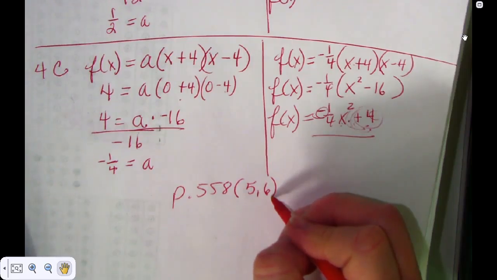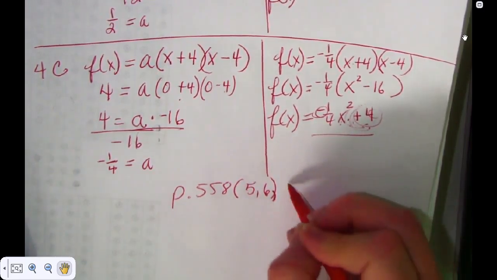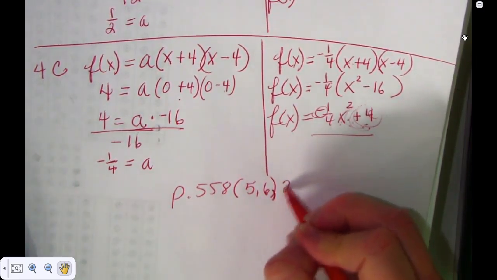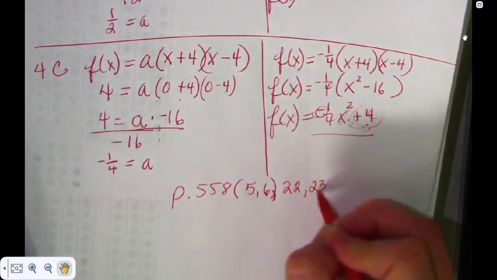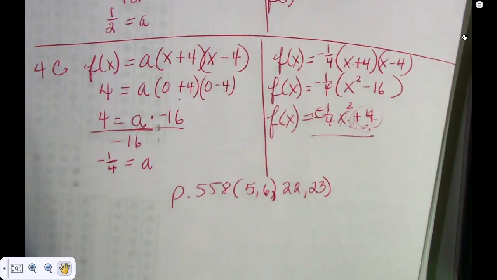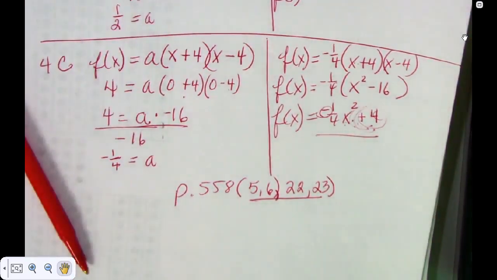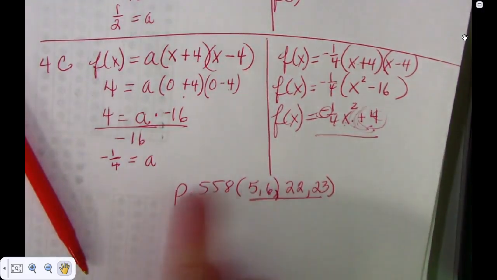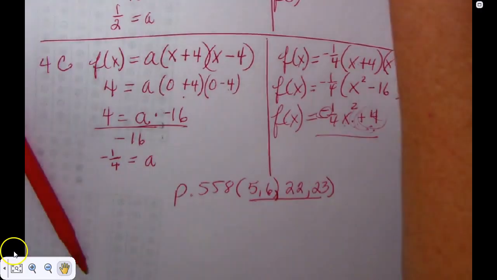You've got 4 on the front. So you're going to do 5 and 6, and then you're going to do 22, and let's do 23. You're going to do 4 of them. Does everybody see what you've got to do? Write them down at the top so I can count them. It's exactly what you were doing.